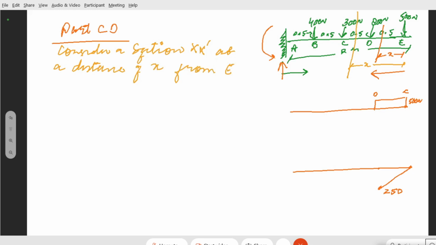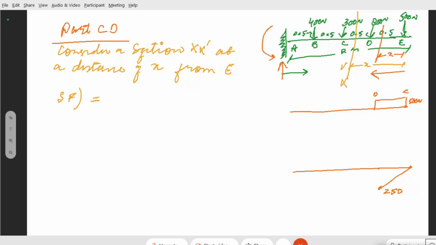And now we have to draw its shear force and bending moment diagram. Firstly, we will make the equation. Shear force will be equal to what? How many forces are there between point C and D, or between point E and X?